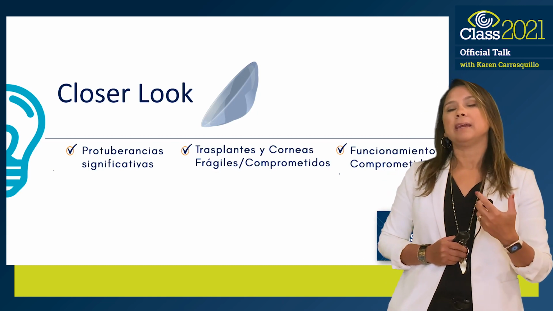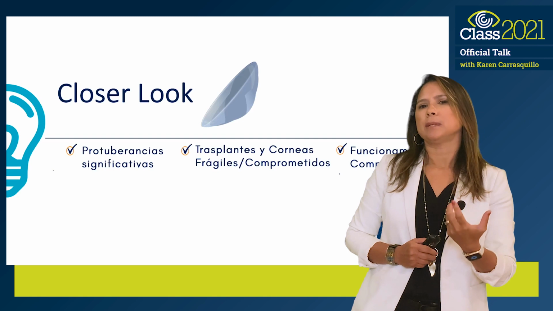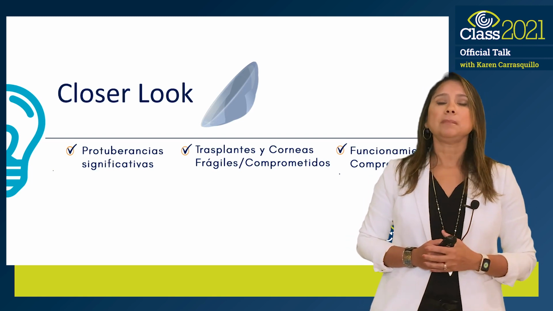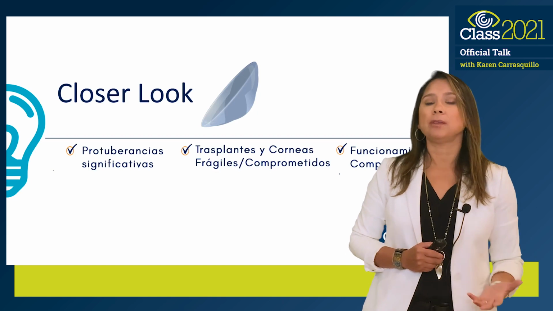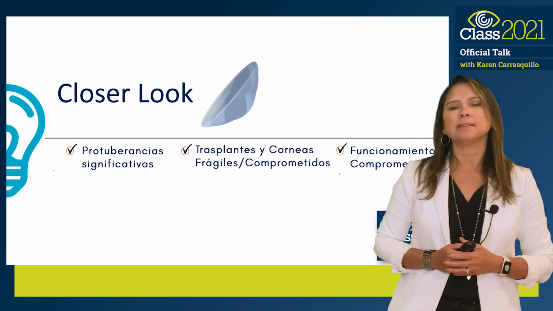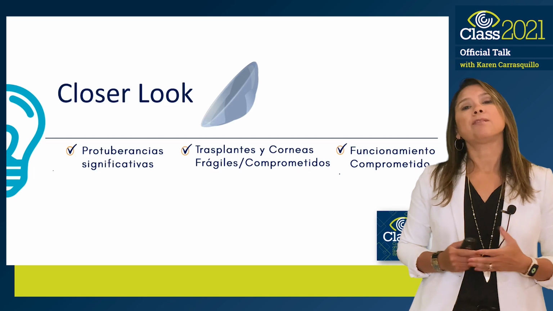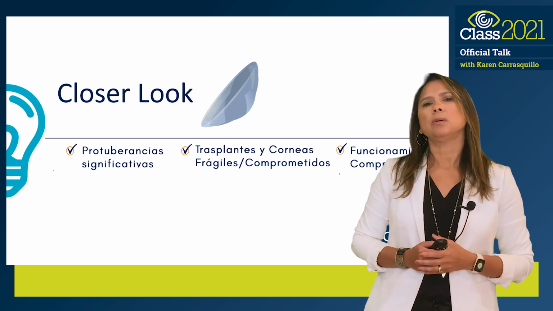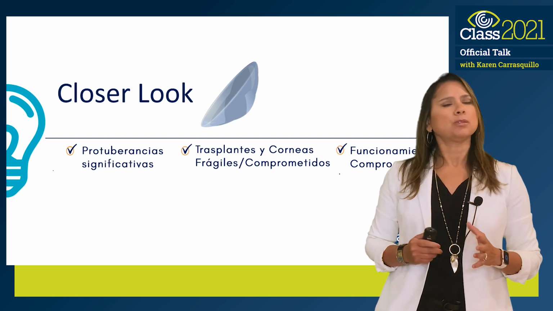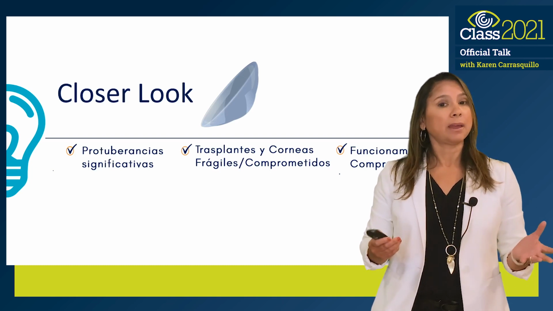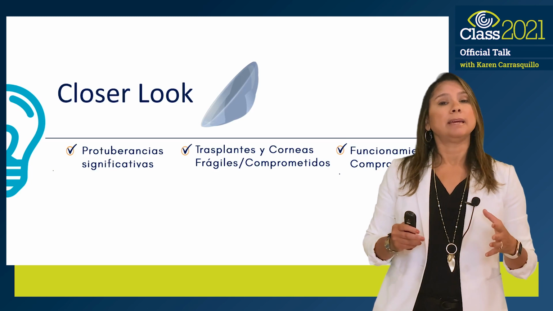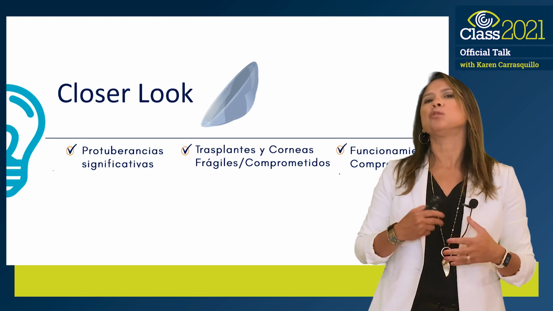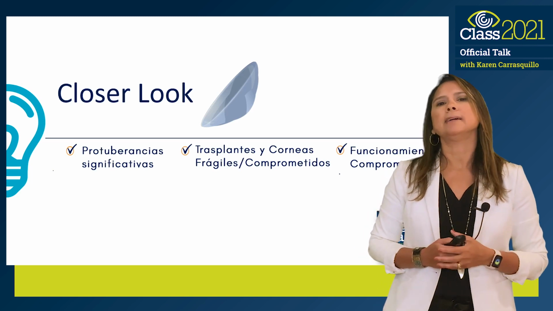Cases that, if we do not adapt in a slightly more creative way, we can compromise the physiological functioning of these patients that are with us. And we are going to see the case of fragile or transplanted and compromised corneas. And finally, cases where suddenly everything seems to be adequate, where everything seems to have an optimal result. However, patients tell us that their day-to-day functioning is compromised.